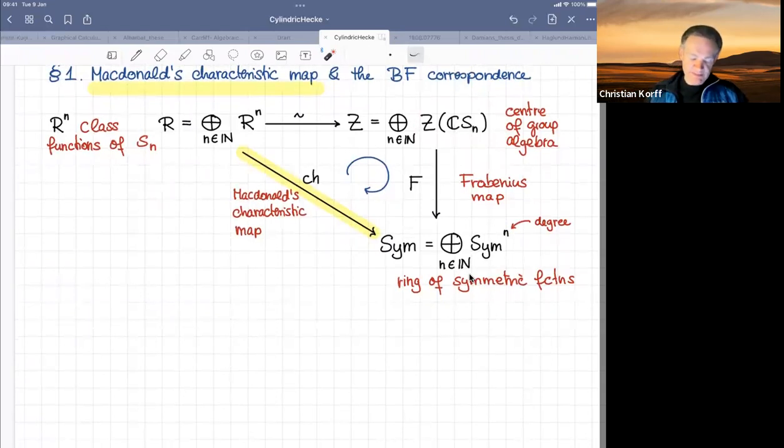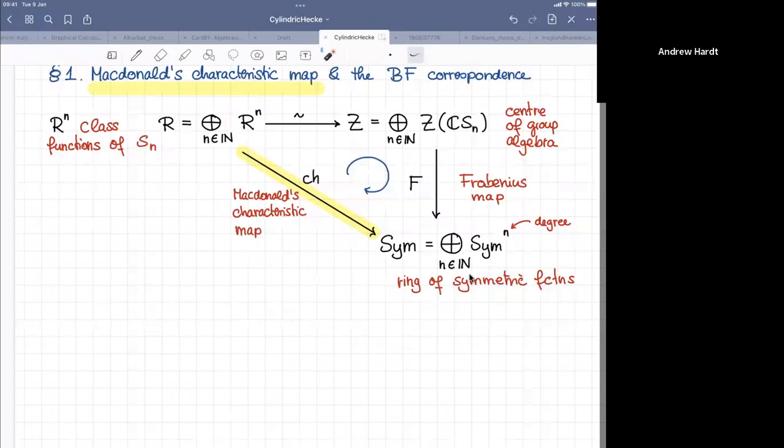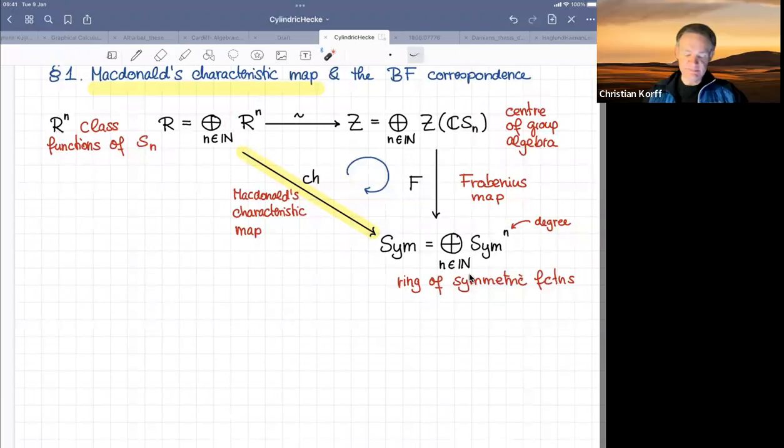And Macdonald defines this characteristic map, which takes an irreducible character. The characters are special examples of class functions, and the irreducible characters in particular form a basis of the vector space of class functions for R_n. And Macdonald's characteristic map just takes such an irreducible character and sends it to a Schur function.